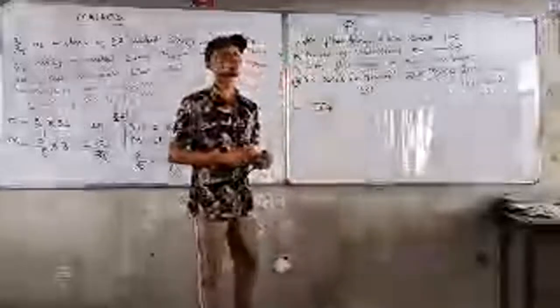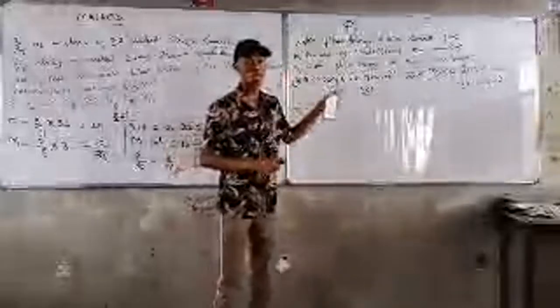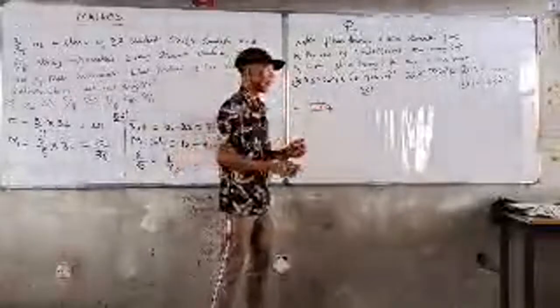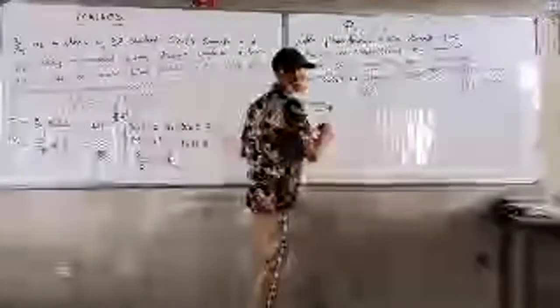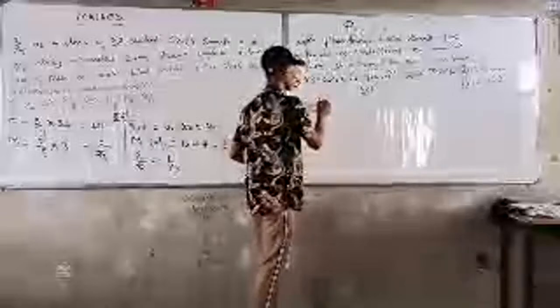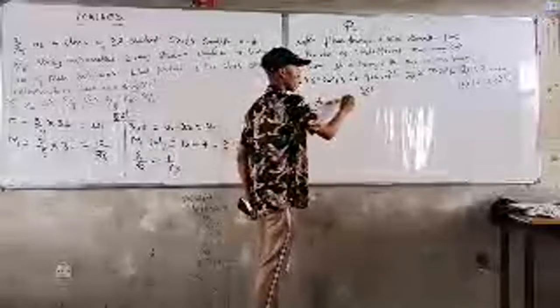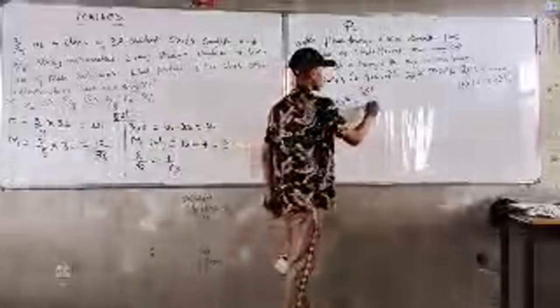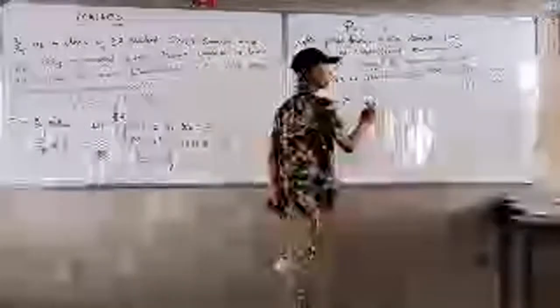First, for you to get the answer, you have to calculate the area of that pipe. This is a circular pipe, so the area of a circle is pi r squared. Pi is 22/7 times the radius.